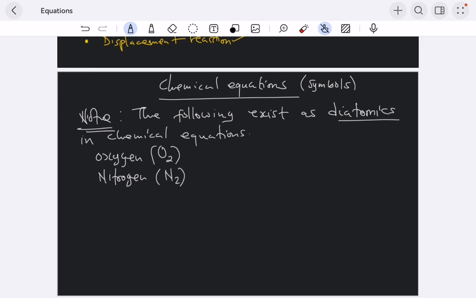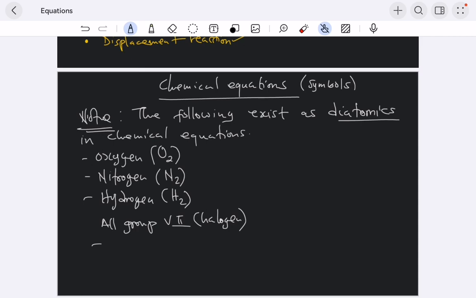So oxygen, nitrogen, and hydrogen, you write them as diatomics. Then all group 7 elements, so halogens.